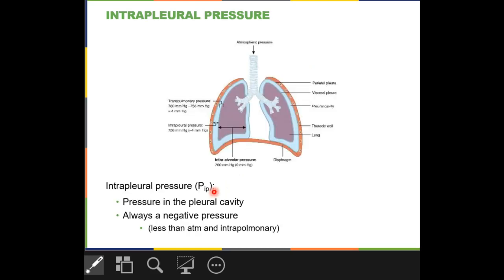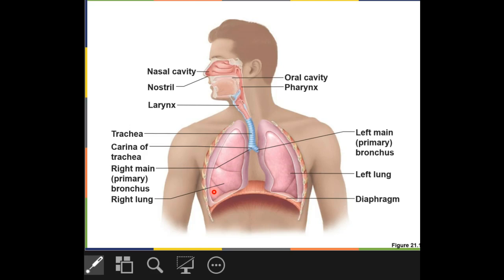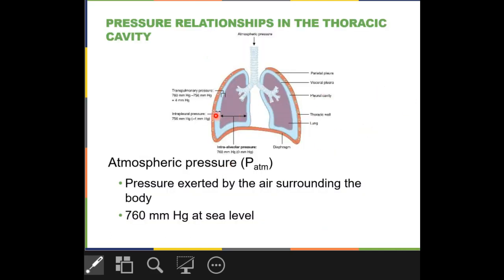alveoli. And the way you want to think of it, if I go back here, right, is that you are born, your lungs are a certain size, and basically your thoracic cavity grows a little bit faster than your lungs do. And as your thoracic cavity grows, that intrapleural pressure there gets lower, right?